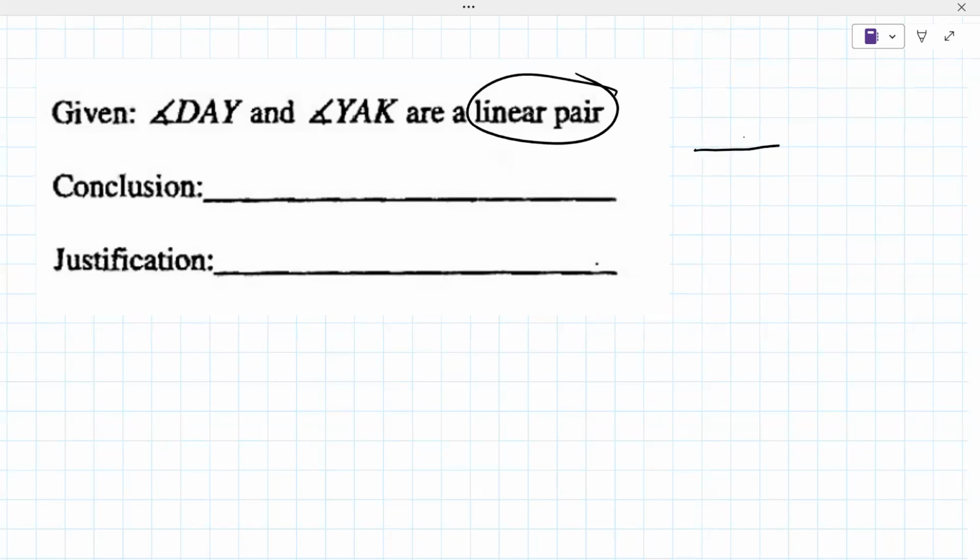Okay, a linear pair is a straight line with something coming out of it. So the straight line is 180 degrees. See how these share letter A? I know they share Y too, but A is the middle letter. That's the vertex. So like BAY, YAK.